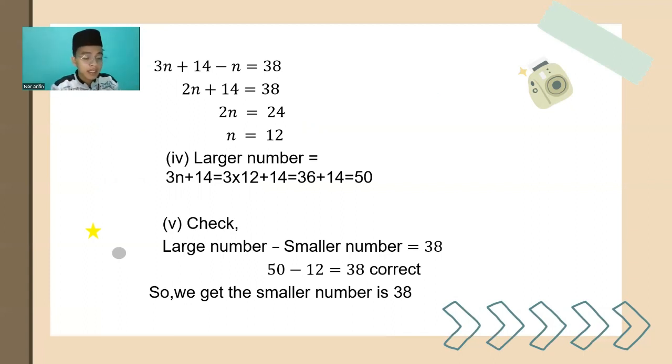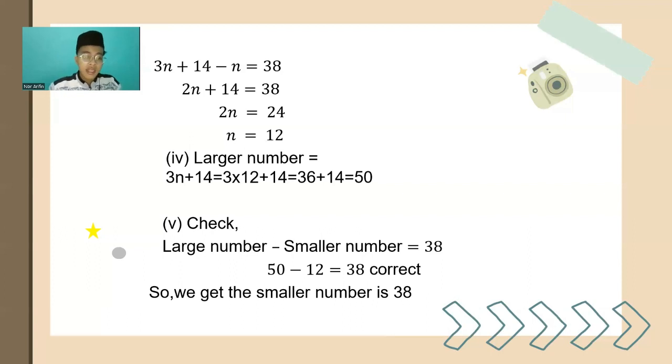We get 3 times n plus 14, which is 3 times 12 plus 14, which is 36 plus 14, which is 50.